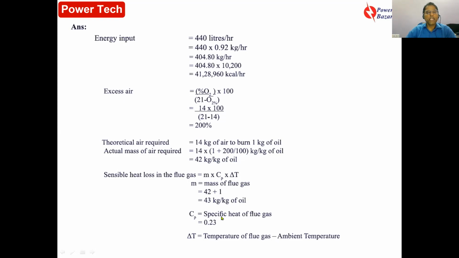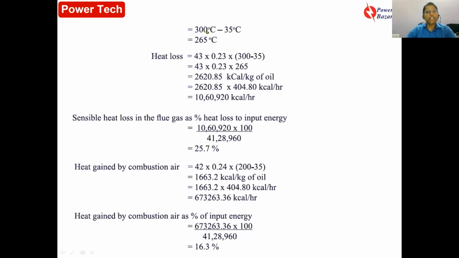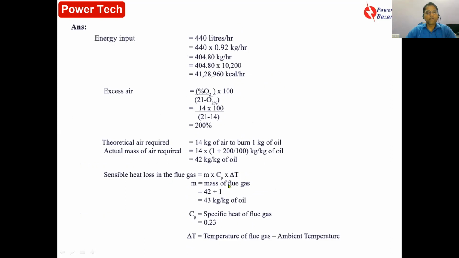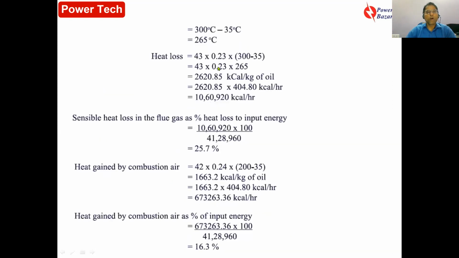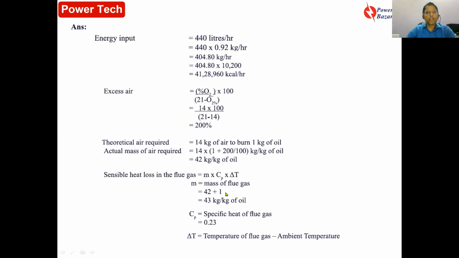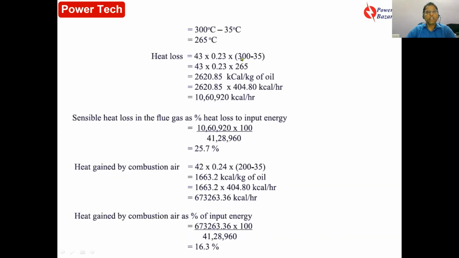Now you know specific heat is 0.23. Now delta T is of the flue gas. Flue gas has been heated from 35 to 300 degrees Celsius, because ambient is 35 and 300 is the exit temperature given in the data. So 265 is the delta T. So what is the flue gas loss? 43 is the total mass of dry flue gas, 0.23 the specific heat, then 300 minus 35.